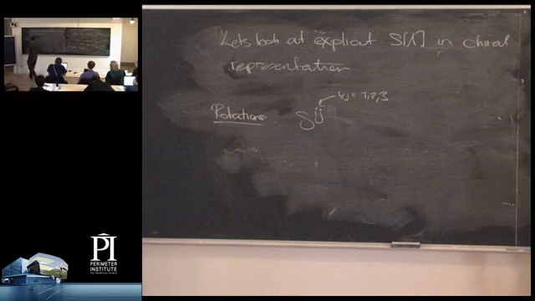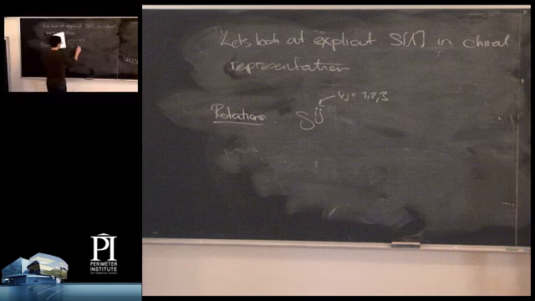So let's look at rotations. And so S_ij, for rotations, these indices here go over 1, 2, 3. That's because it was the M_ij's here which gave me rotations.